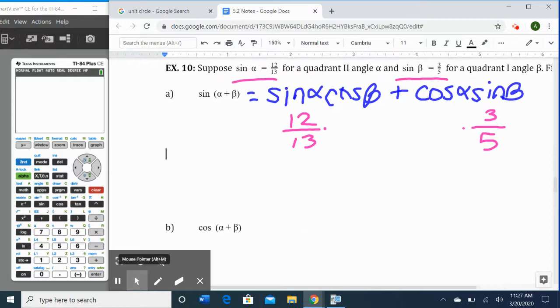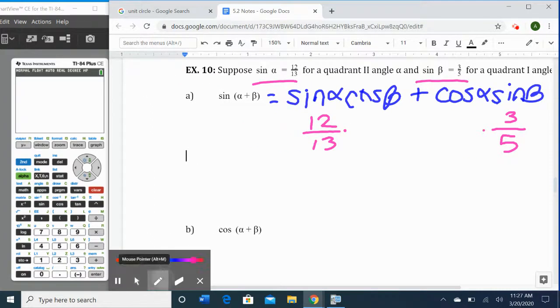Off to the side here, I'm going to set up some triangles, because they say alpha is a quadrant 2 angle. So if there's alpha, its sine is 12/13, which means the opposite over hypotenuse is 12/13. For the adjacent, I can use the Pythagorean theorem, or if I already know, it's 5.